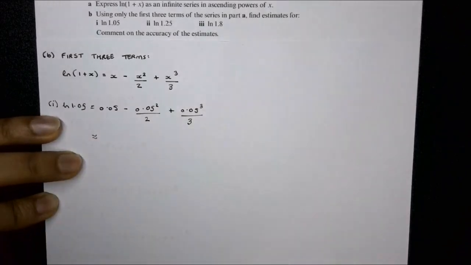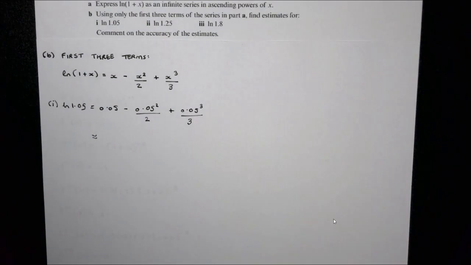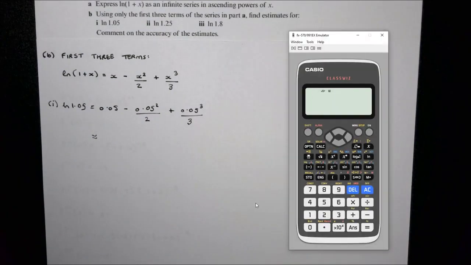So if we work all of this out, of course we can use our calculator. We have 0.05, and then this answer, we subtract off this answer squared, and then divide by 2. And then here we add on this answer cubed, and then we divide by 3.